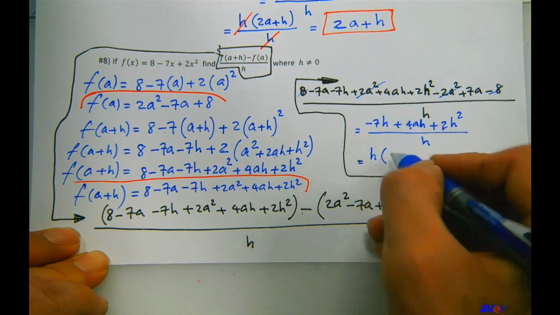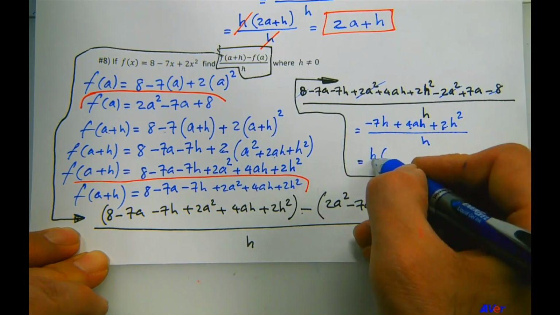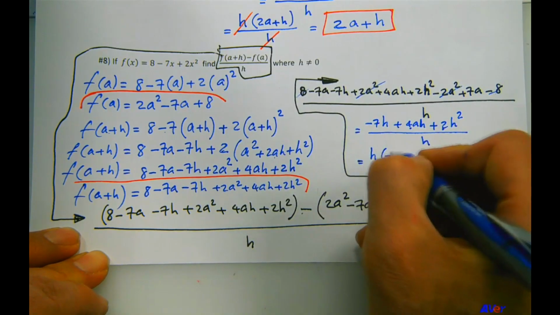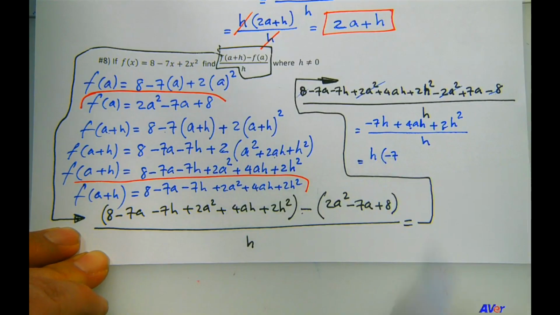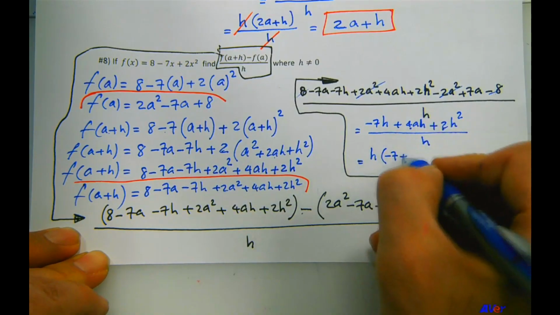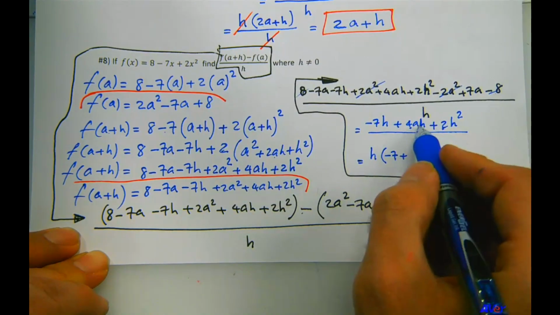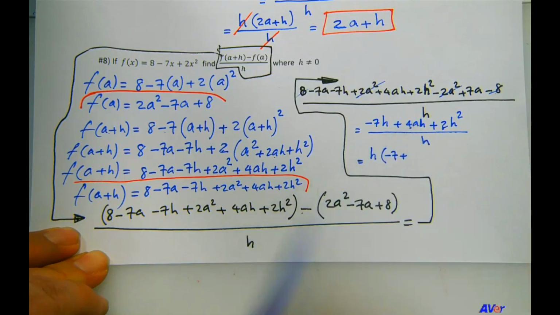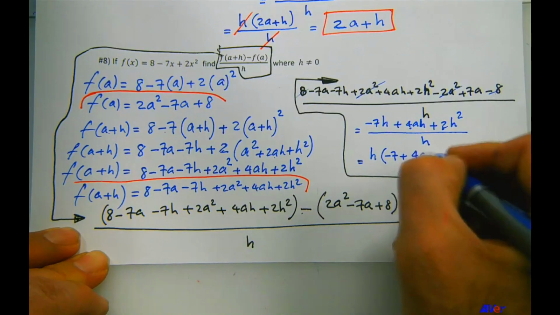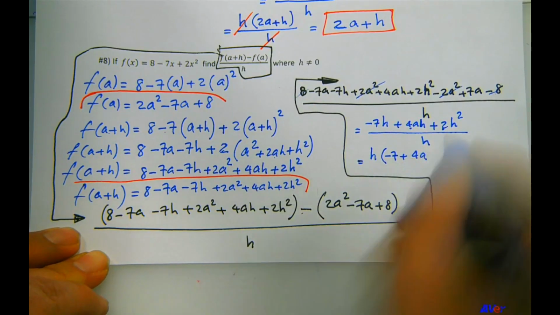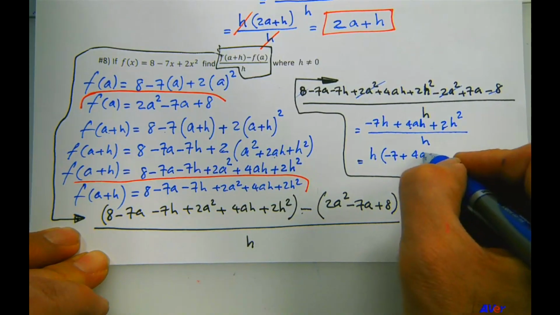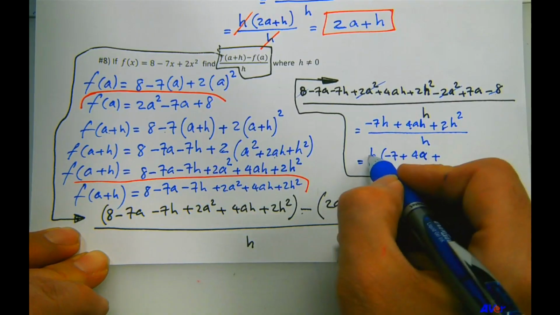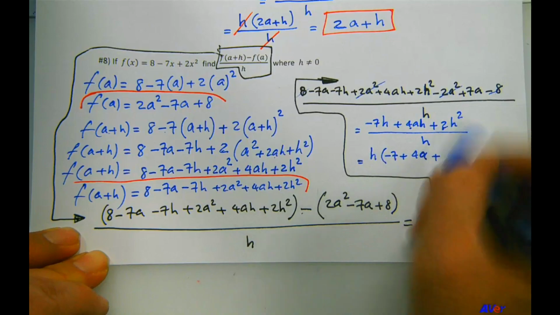What should I put here to multiply by h and get negative 7h? Negative 7. What should I put next after this plus so that when I multiply it by h, I get 4ah? Well, 4a. What should I put next here so that when I multiply it by h, I get 2h squared?